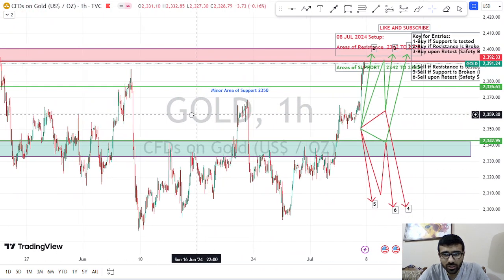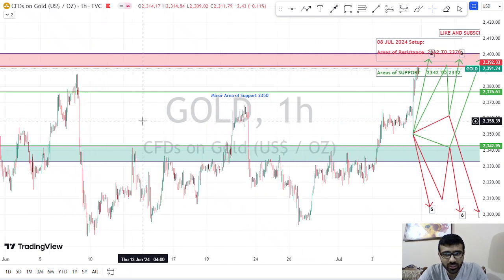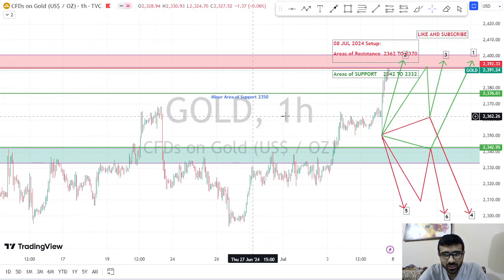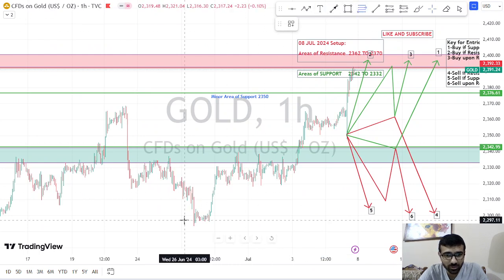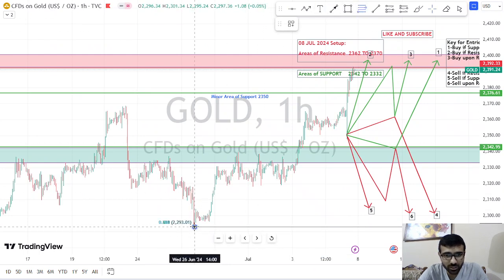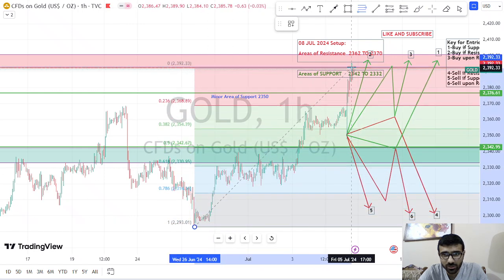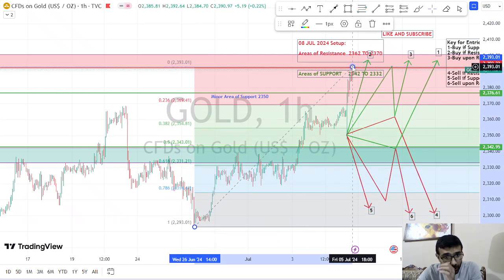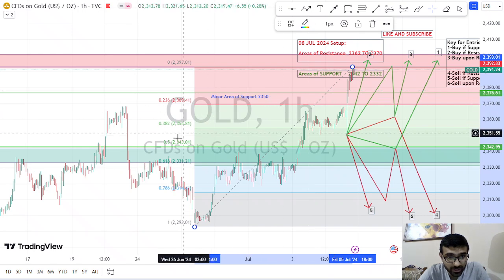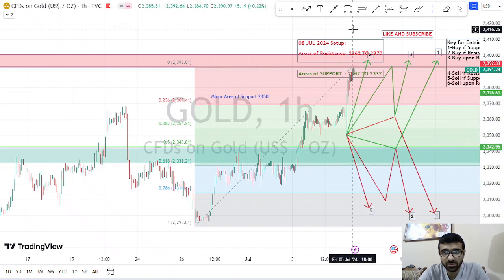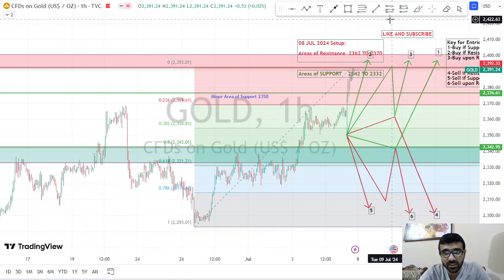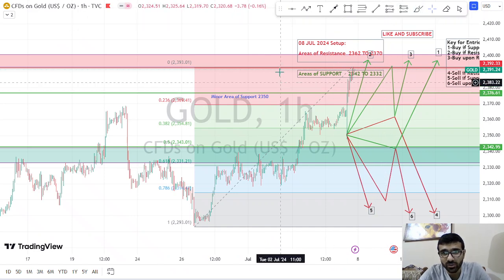One more thing we can do is mark a Fibonacci level. This is the lowest point and this is the currently highest point, so the 0.5 level is approximately over here at our given support level. So there is a huge chance that the market could take a pullback, and then continue to go upwards.